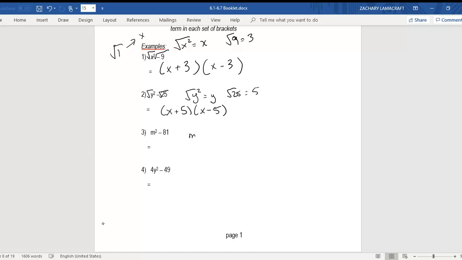So we take m squared, and we're going to do the square root of it, which would be m, m times m being m squared. And then we're going to do the square root of 81. And the square root of 81 is 9, 9 times 9. So we're going to have m plus 9, m minus 9. Okay.